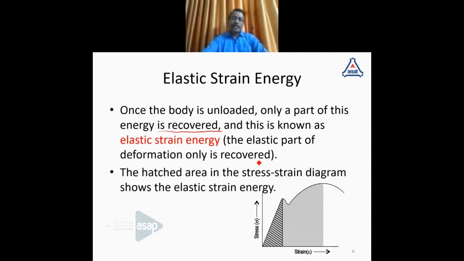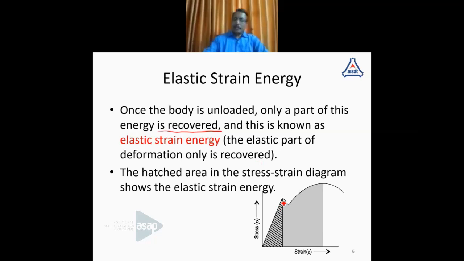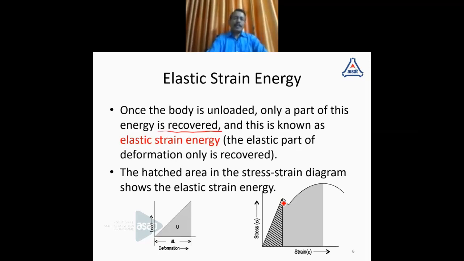And in this elastic region, we can have different materials behaving in different ways. In cases like steel, the deformation can be assumed to be linear. The deformation and load, or stress and strain, are proportional, and we can have a linear curve for the stress strain diagram, or the load deformation curve will be a linear one.